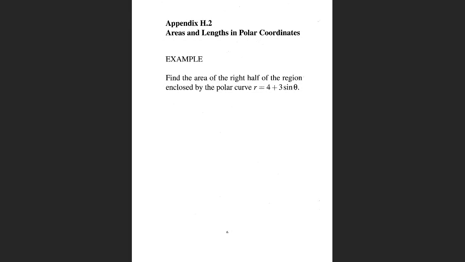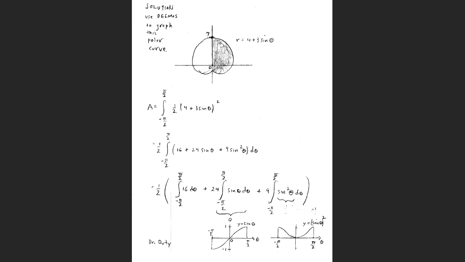You have the example copy, but this was the problem that we did. Find the area of the right half of the region enclosed by the polar curve r equals 4 plus 3 times the sine of theta. And of course, we used Desmos to draw the picture of this polar curve, and the shaded region to the right is the area that we're looking for, this area here.